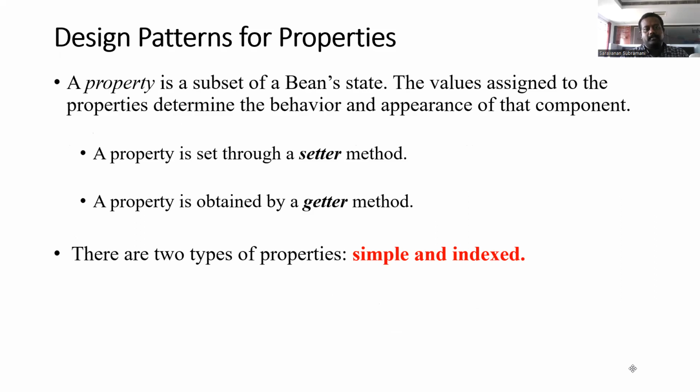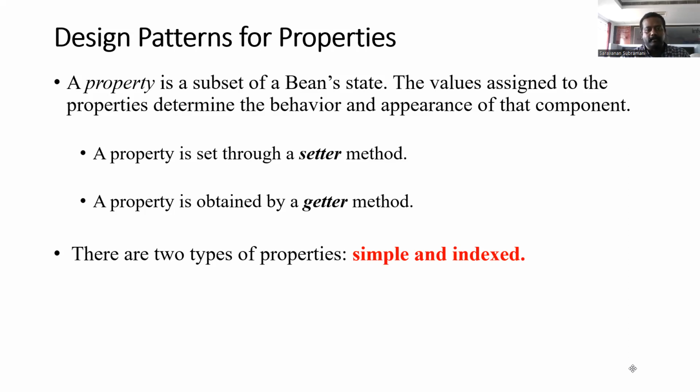Design patterns for properties are available in Java Bean. A property is a subset of bean state. The values assigned to the property determine the behavior and appearance of that component. Properties are the variables we use in our class.